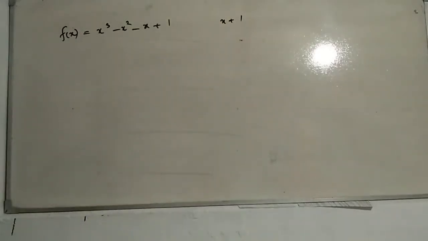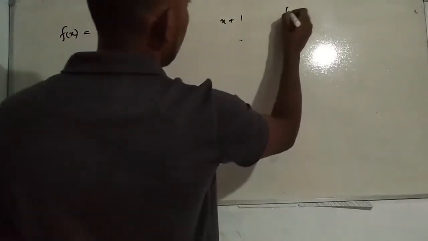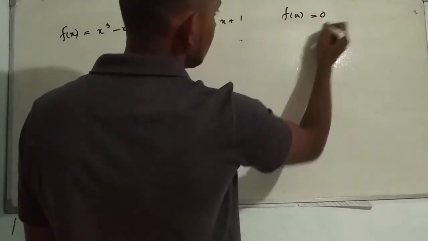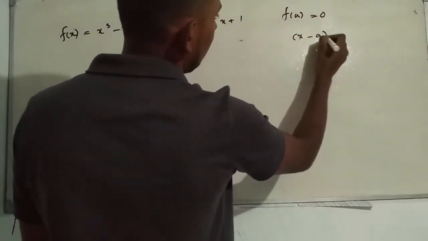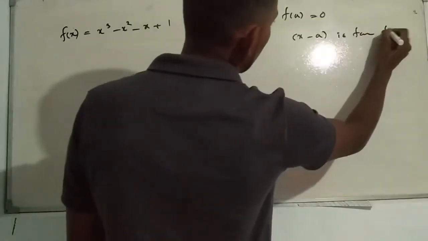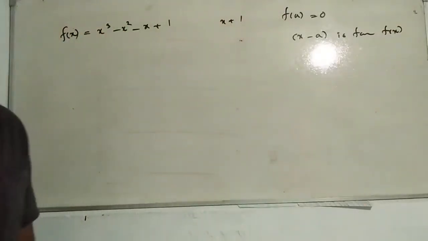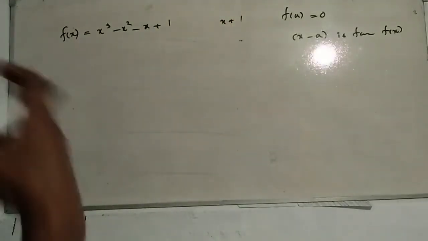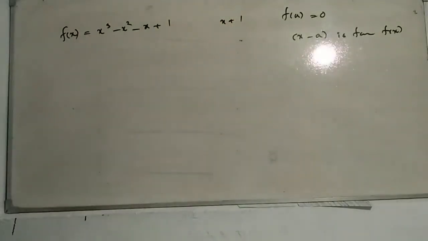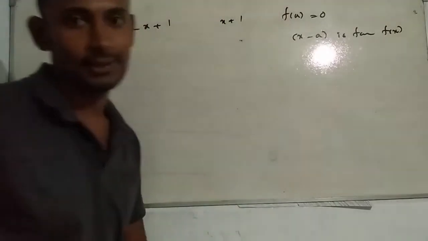If you can remember, what is the remainder theorem? The remainder theorem says if f of a equals 0, we can say that x minus a is a factor of f of x. Someone says that this is a special instance of the remainder theorem. Actually this is called the factor theorem.